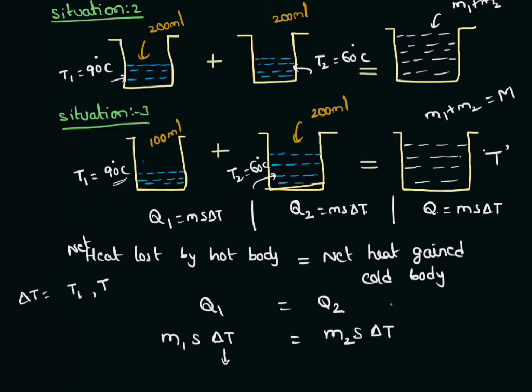Whenever you take the Q2 value, there also you have to compare T2 and T. So when comparing these two, our delta T is going to be between these two only, in the first case and second case. But how do you decide which one is greater and which one is smaller? Definitely, just now we have already said that T is definitely less than 90 degrees, and definitely more than 60 degrees.